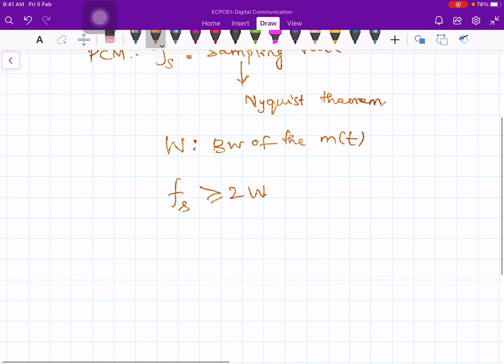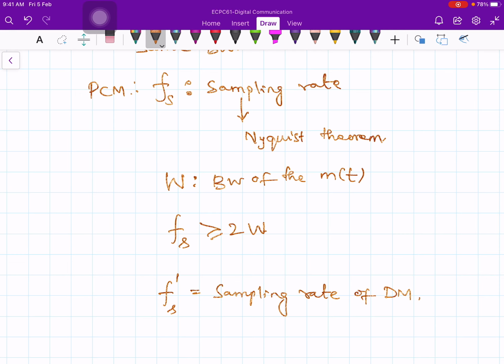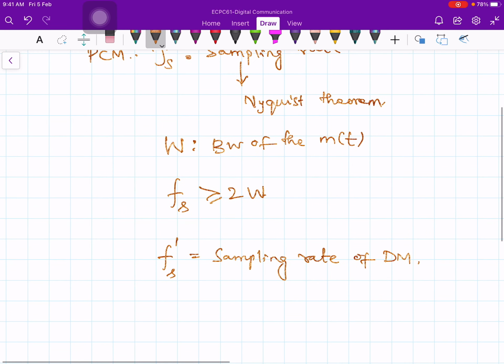Similarly, let me call fs dash the sampling rate of delta modulator.